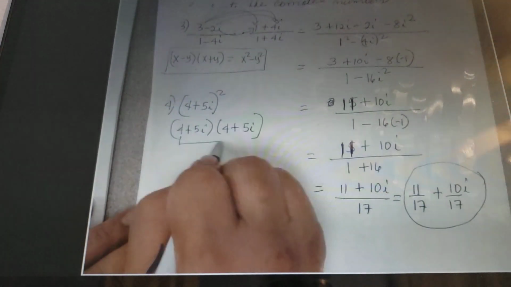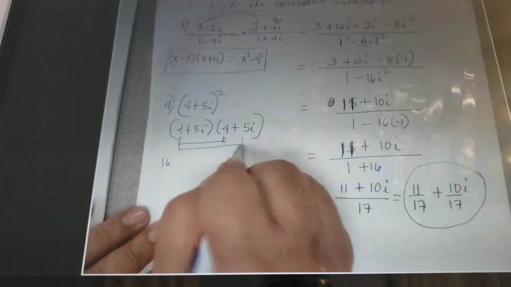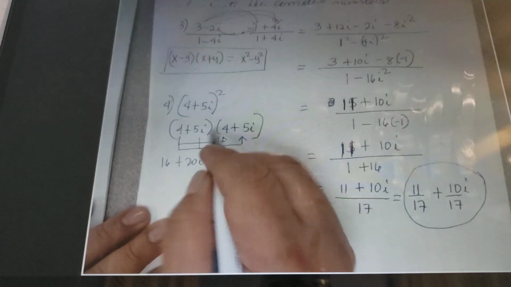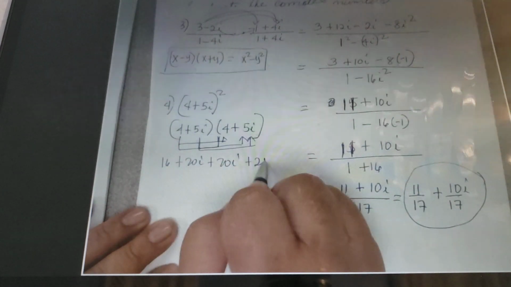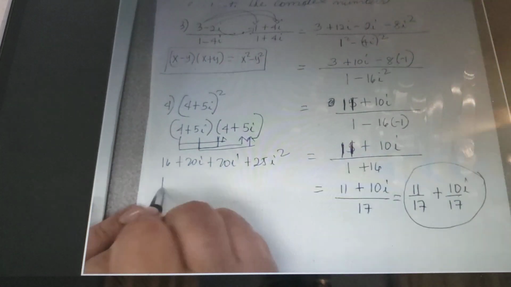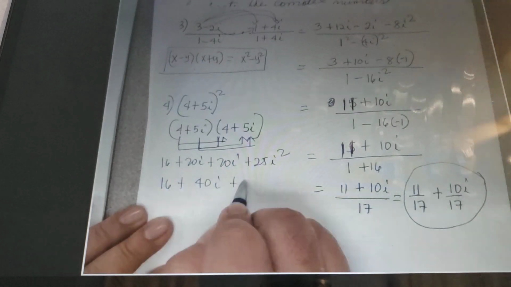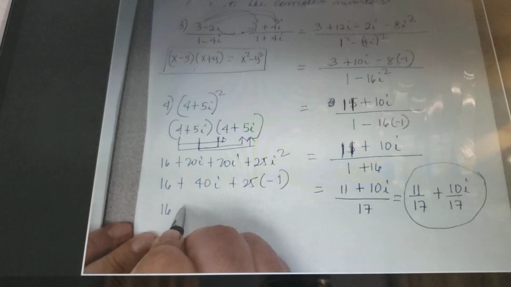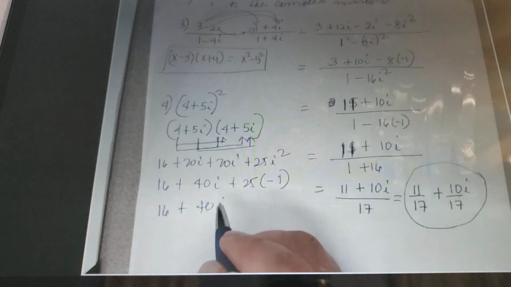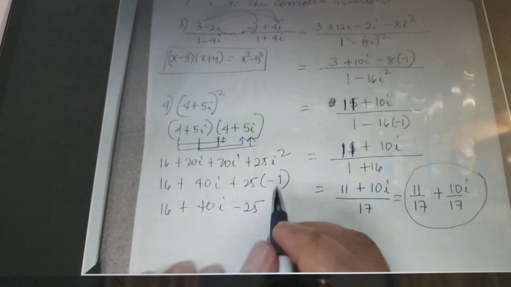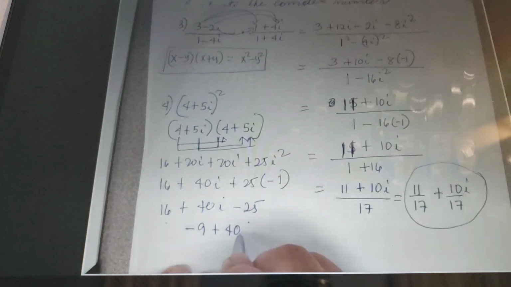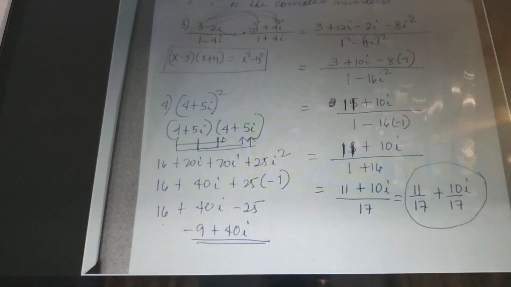So multiply: 16, 20i, 20i, 25i squared. 16, 40i, 25, negative 1, plus 40i, minus 25. 16 minus 25 is equal to negative 9 plus 40i. That is the answer. Okay?